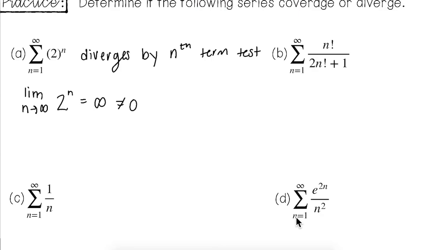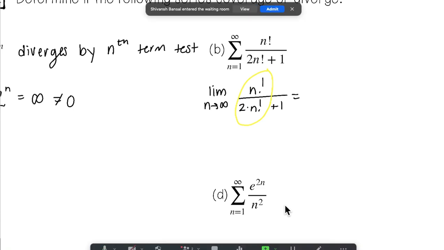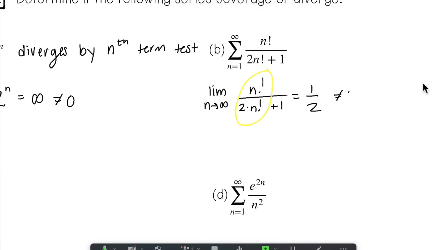If I look at the second one, the limit as n goes to infinity of n factorial over 2 times n factorial plus 1, the plus 1 on the end of the denominator is really not changing anything. So if we just look at it in terms of the big parts, the same way that we do horizontal asymptotes, this is going to come down to equal 1/2. So that does not equal 0, so this also diverges by the nth term test.